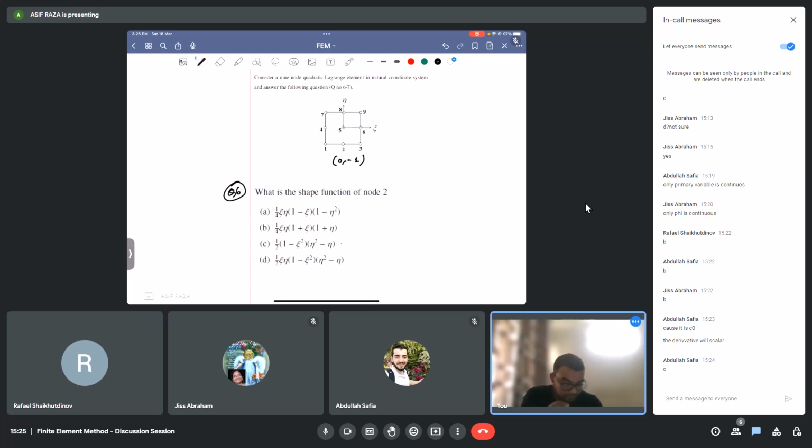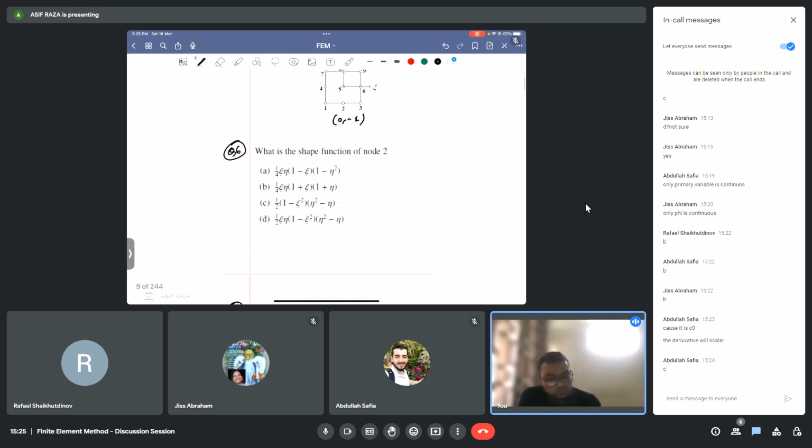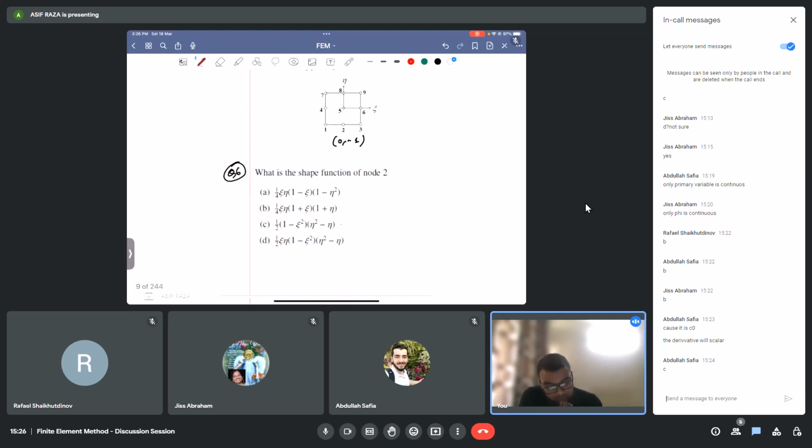Yeah. So, let's substitute these values in all of the options and try to get the answer. If we substitute xi and eta equal to 0 and -1 in option A, it will give me 0. Xi itself is 0, this will also give me 0, and this will also give me 0. So we are able to eliminate it from the options.